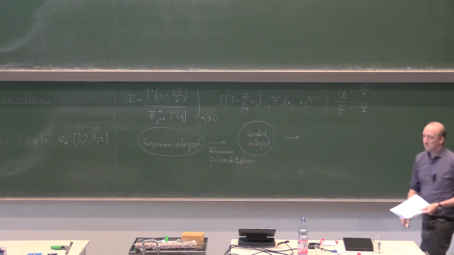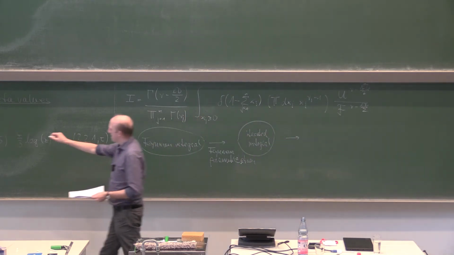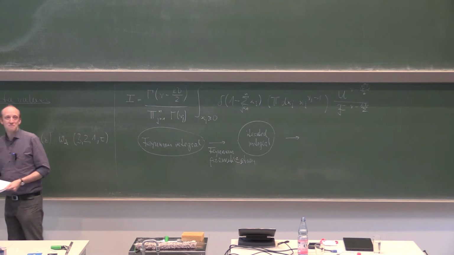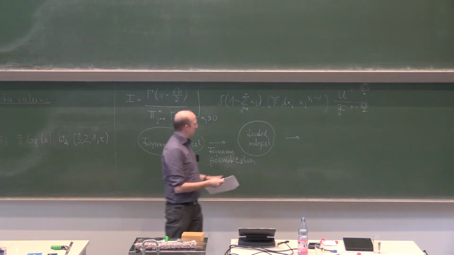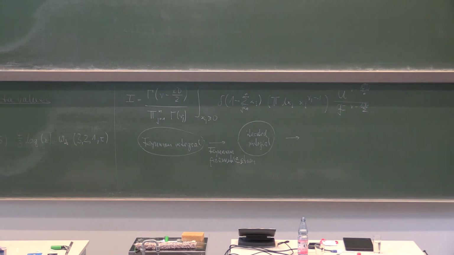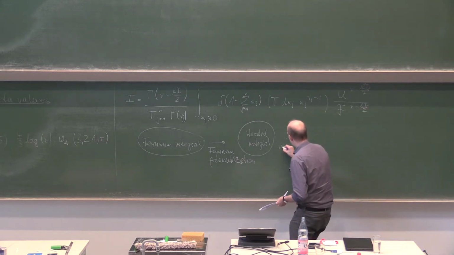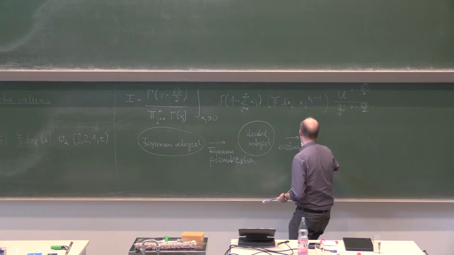Now, I said at the very beginning, and I actually made a line underneath, we are talking about numbers. So in order to get from an iterated integral to a number, this iterated integral needs to be evaluated at a special point. And usually this special point will be just 1.